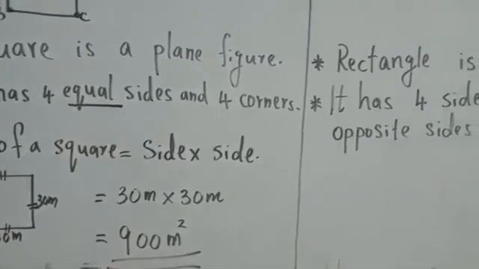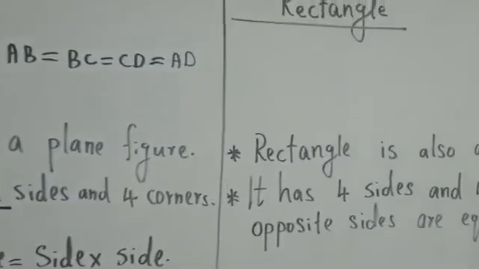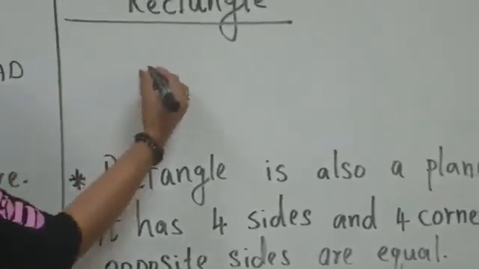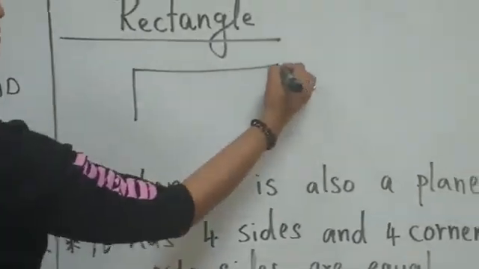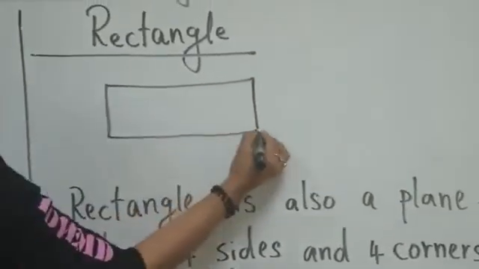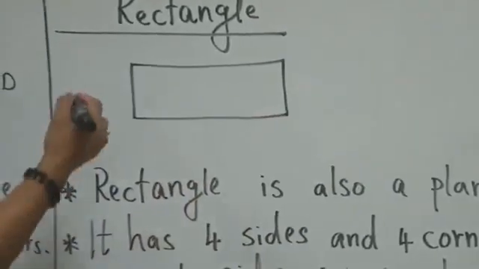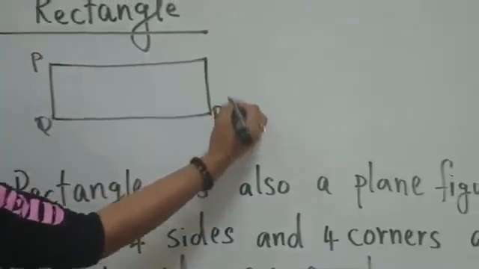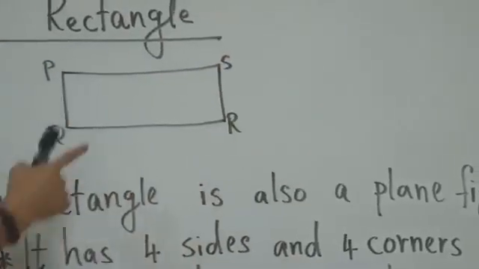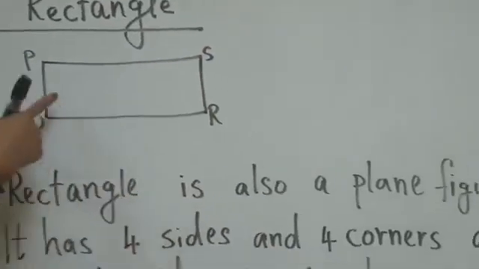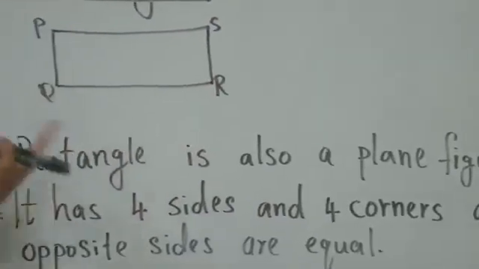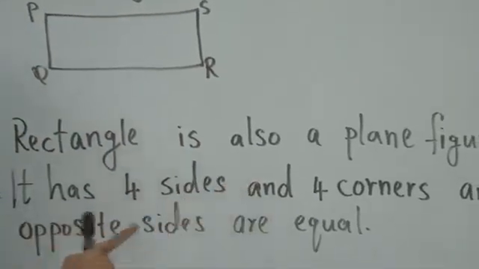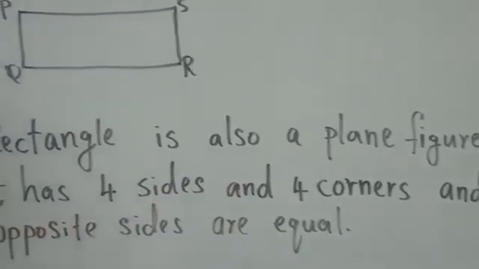Now we are going to learn about the rectangle. For the rectangle, we are going to draw a rectangle. We name it as P, Q, R, S. So a rectangle is also a plane figure and, compared to a square, it also has 4 sides and 4 corners, but the opposite sides are equal.